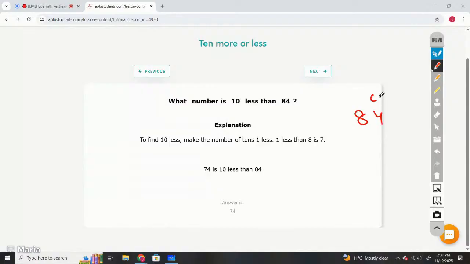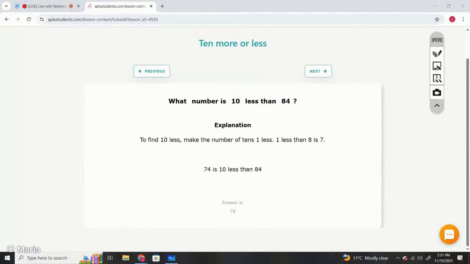So 4 is the digit at the ones position and 8 is the digit at the tens position. So 1 less than 8 is 7. And keep the ones digit as it is. So that is 74. The correct option is 74.